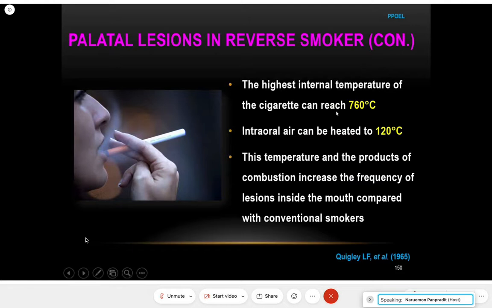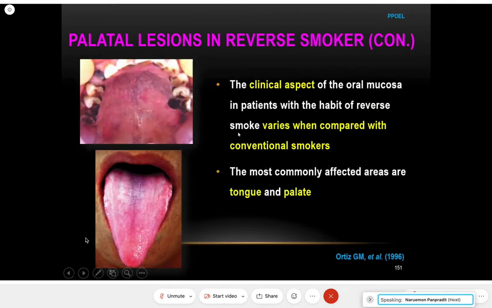The heat in the cigarette can reach 700 to 760 degrees Celsius, but intraorally it may heat up to 120 degrees Celsius, very hot. So all the mucosa is burned by the heat and chemicals. The area in close contact is the palate and tongue that wrap the smoke or cigarette.